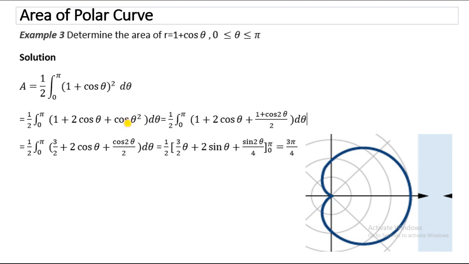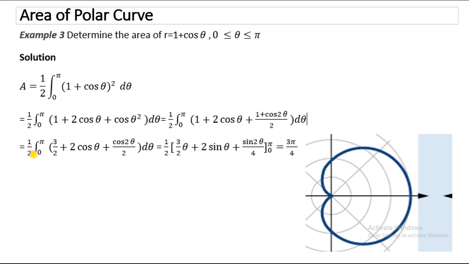Therefore, I want to convert this by the law. Cosine square theta changes to 1 plus cosine 2 theta over 2, d theta.